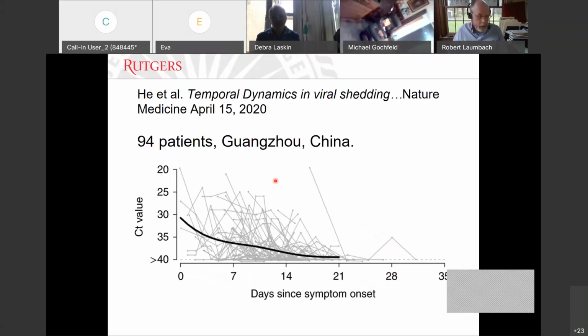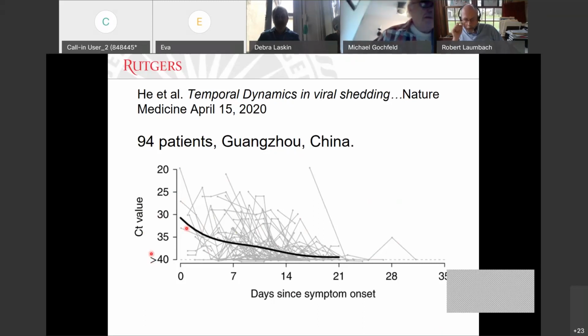And then most recently, there's a report, which was published last week, that shows data about viral load, this time measured as the threshold cycle, which is a relative measure of viral concentration in the samples in 94 patients, showing again the variability.